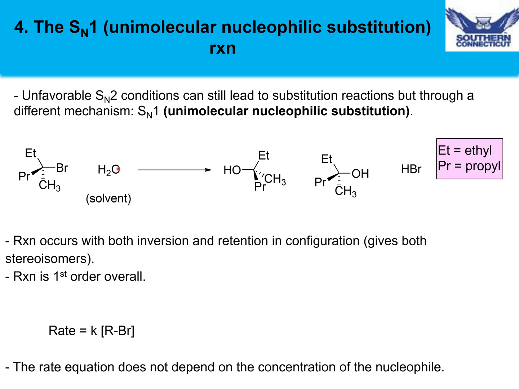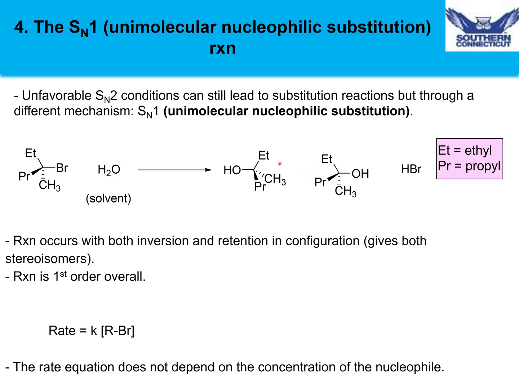Water makes for a very poor solvent for the SN2 reaction because it's protic, and it also makes for a poor nucleophile because it's neutral. So we have three different reasons why we don't want to combine these two if we're trying to do an SN2 reaction. However, we still get a substitution reaction, and you can see by the products that the OH group has replaced the bromine in the products.